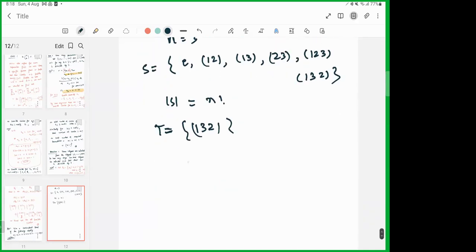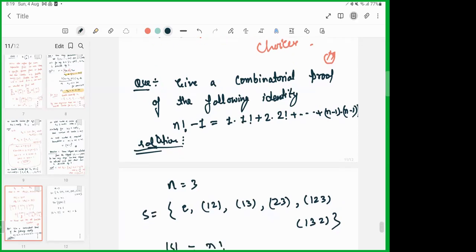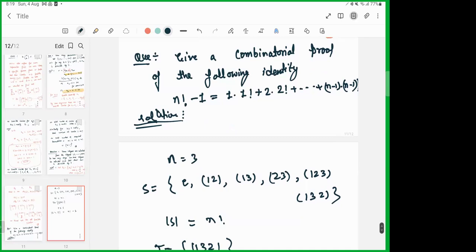Then T is a subset of S, and the cardinality of S minus T is n factorial minus 1. This is what the left hand side is capturing. So now think about the right hand side. What is the idea you can use?